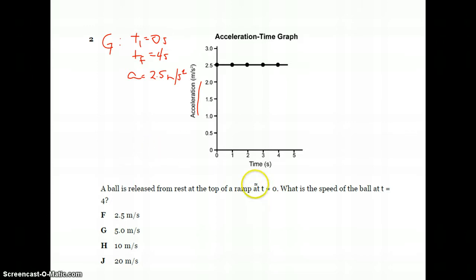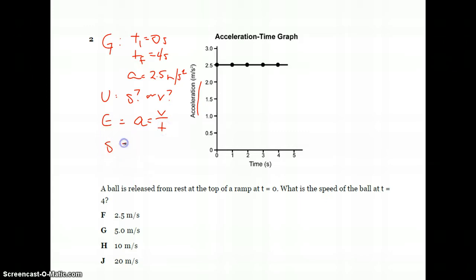So what formula could we use that'll help us solve our unknown, which in this case is speed, or we could also say velocity? Well, that's right. You could use acceleration equals velocity over time.